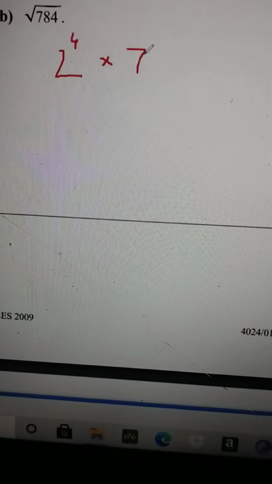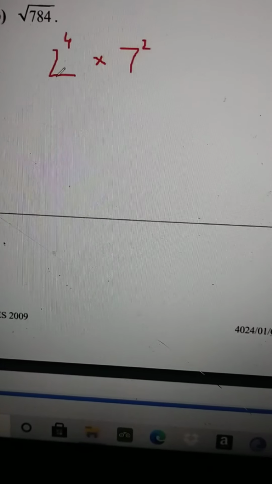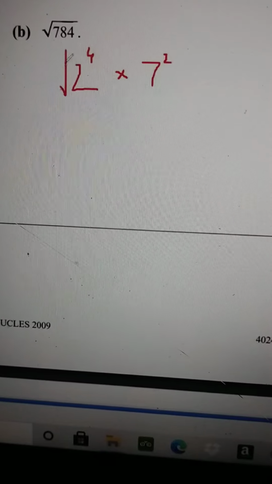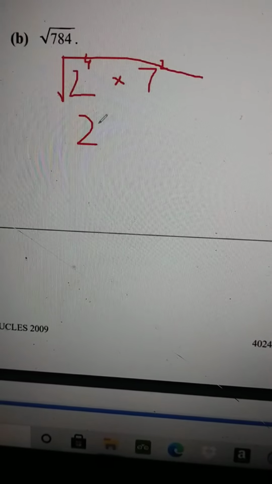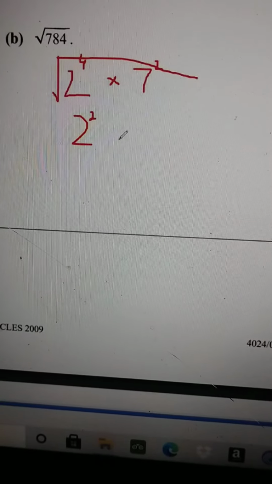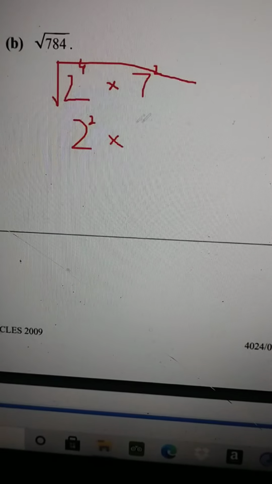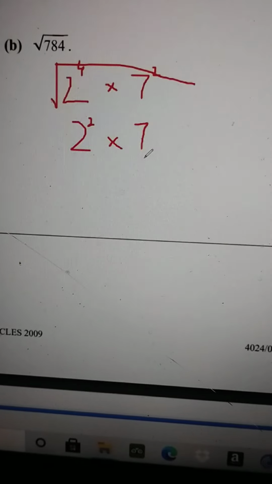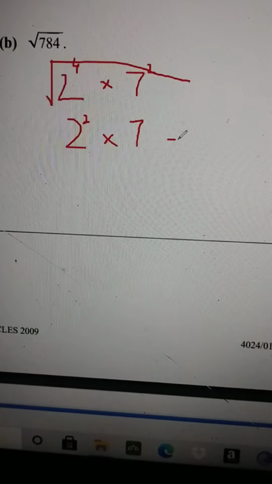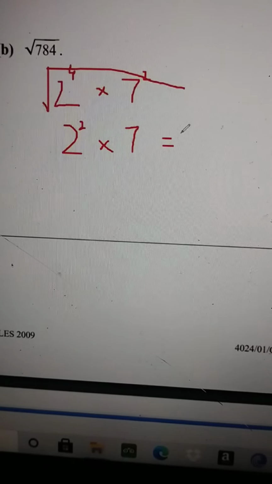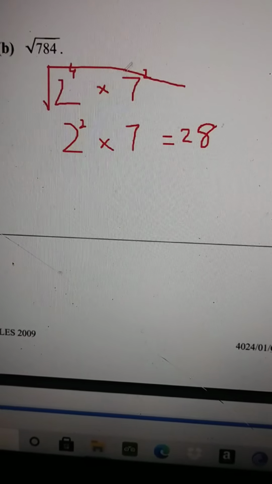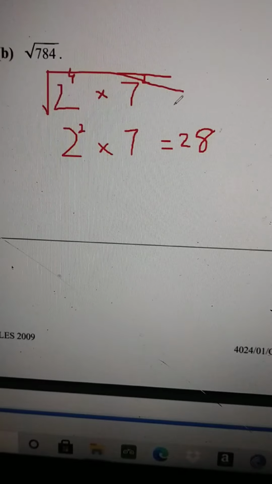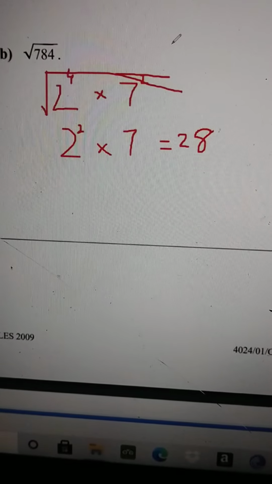So you know that in the square root, we are not using the calculator. We just pick the common pairs, and when you take it out, it is 2 square, and from 7 square you will take 7 out. So it is 4 times 7, which equals 28. So this is the square root of 784. This is your answer for part B.